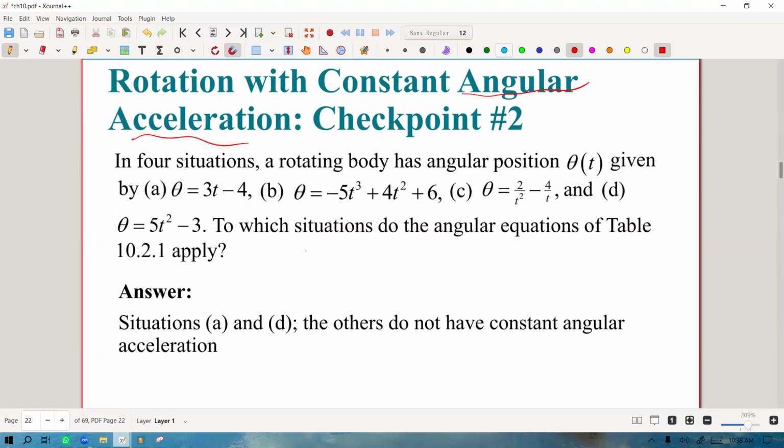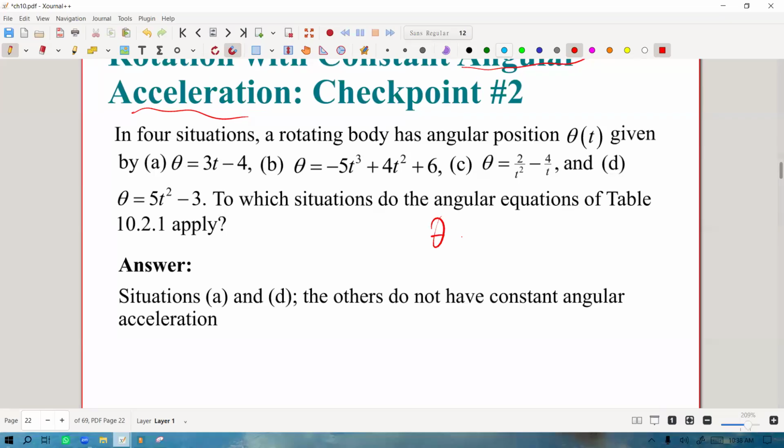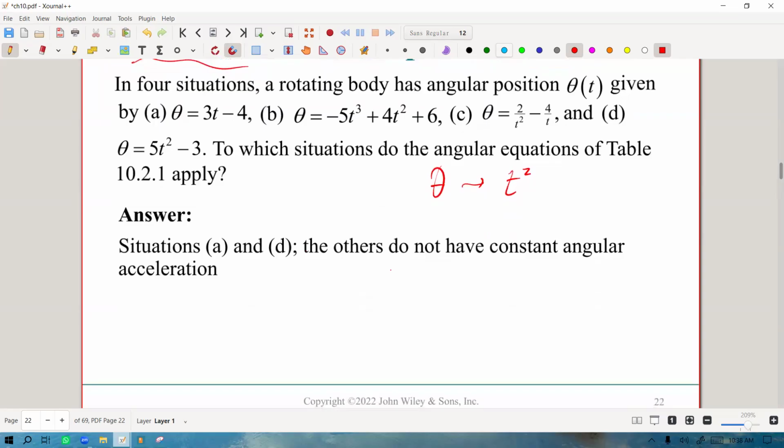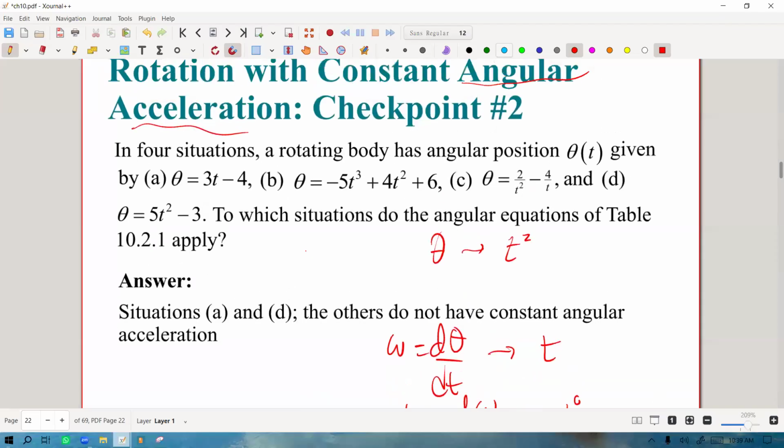It means that theta has a t square term, a quadratic equation. Why? If we differentiate theta with respect to time twice, the first derivative d theta over dt, omega, becomes only one variable, and then alpha, we take the derivative of omega, so here becomes t power 0.